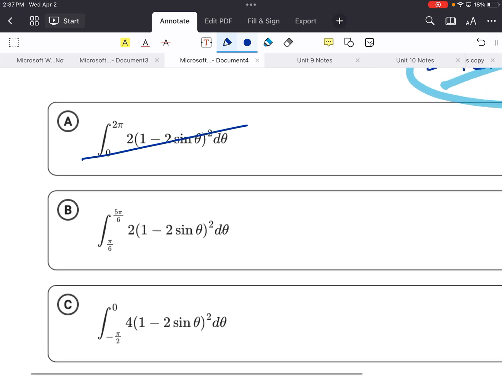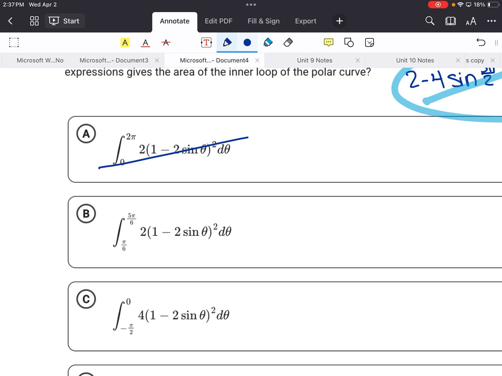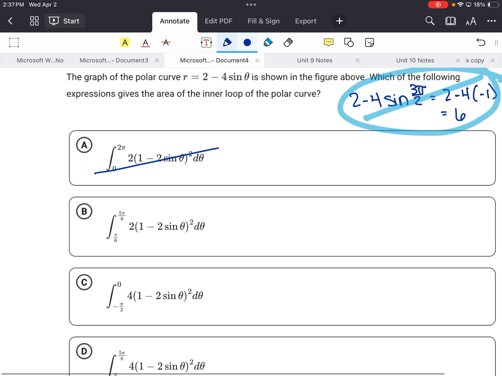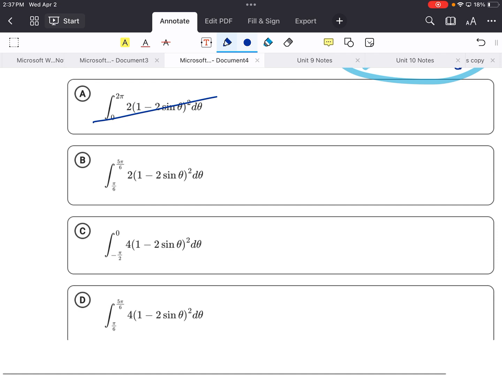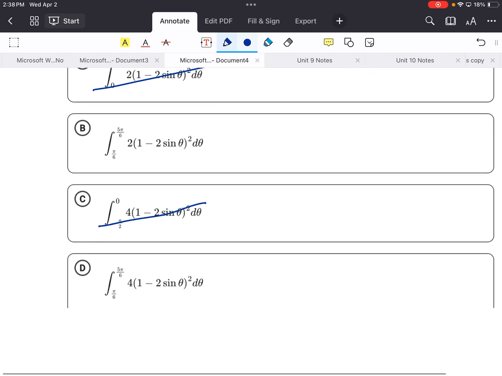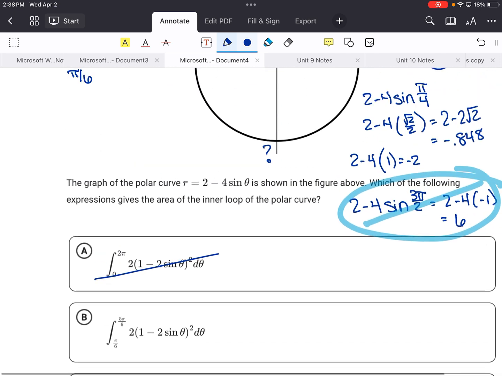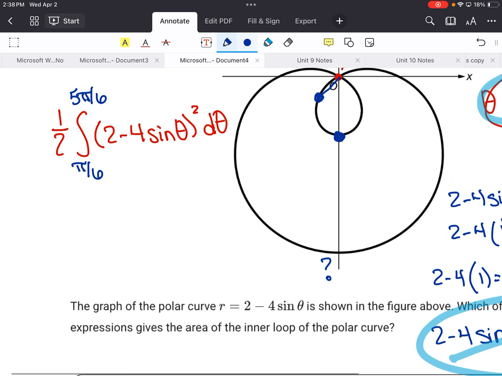But where is this other thing coming from? And where did the 1/2s go? Because there's supposed to be a 1/2 out front. So where are they getting the 2 from? This one I think doesn't look right. Okay, so which one of those is it? Is it 2 or is it 4? Well, what happened is they factored out a 2 from this.